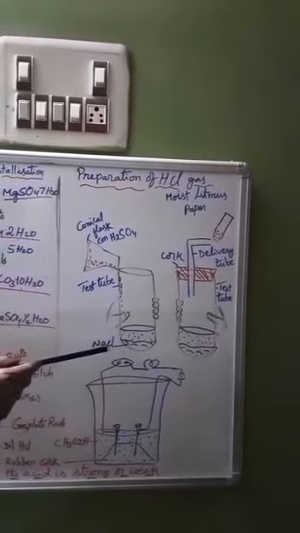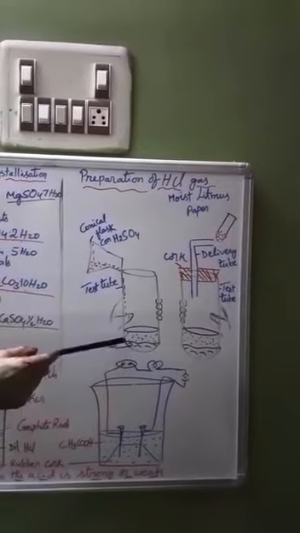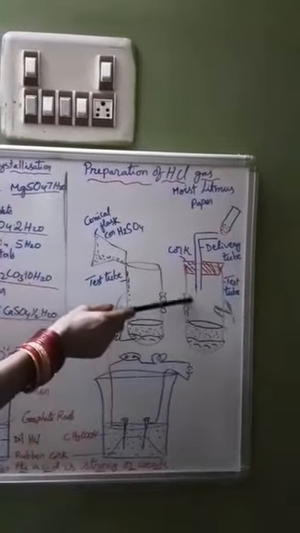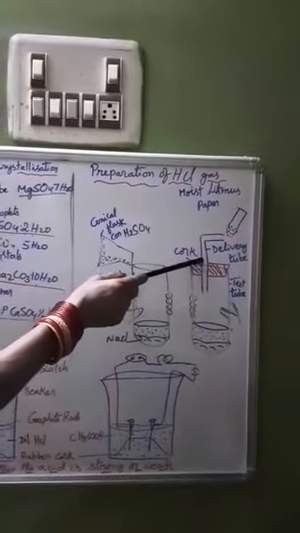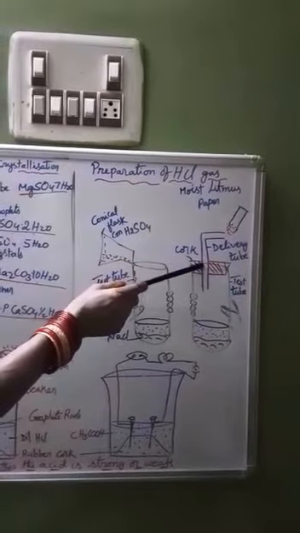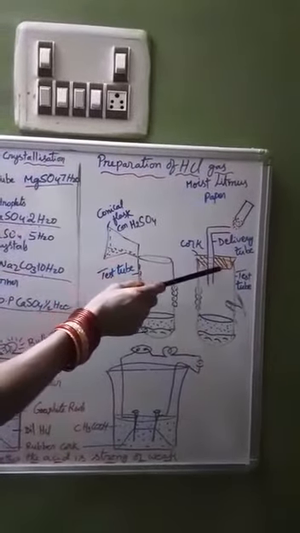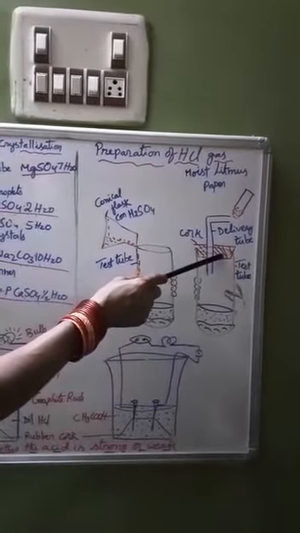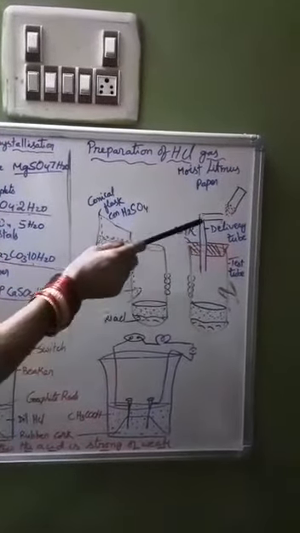When the reaction takes place between rock salt and sulfuric acid, gas starts liberating. That gas travels through a delivery tube, which is inserted into the test tube with the help of a single hole rubber cork.